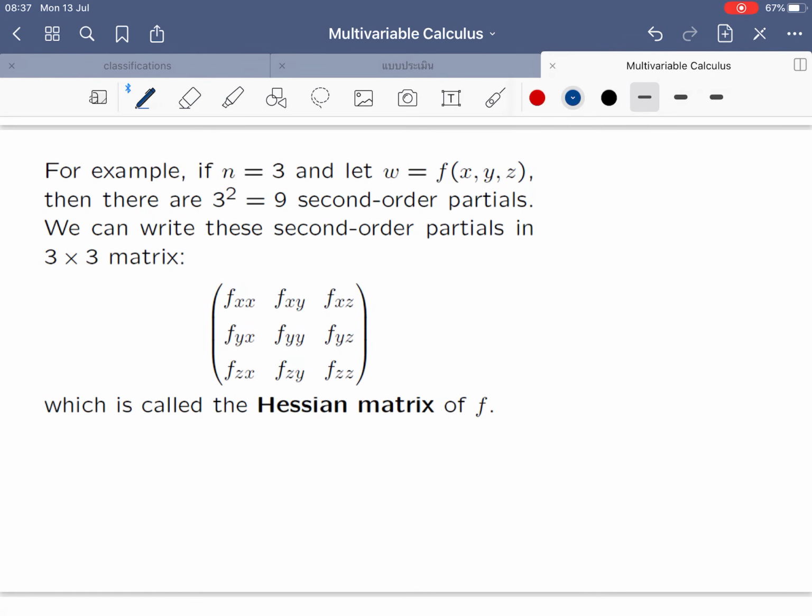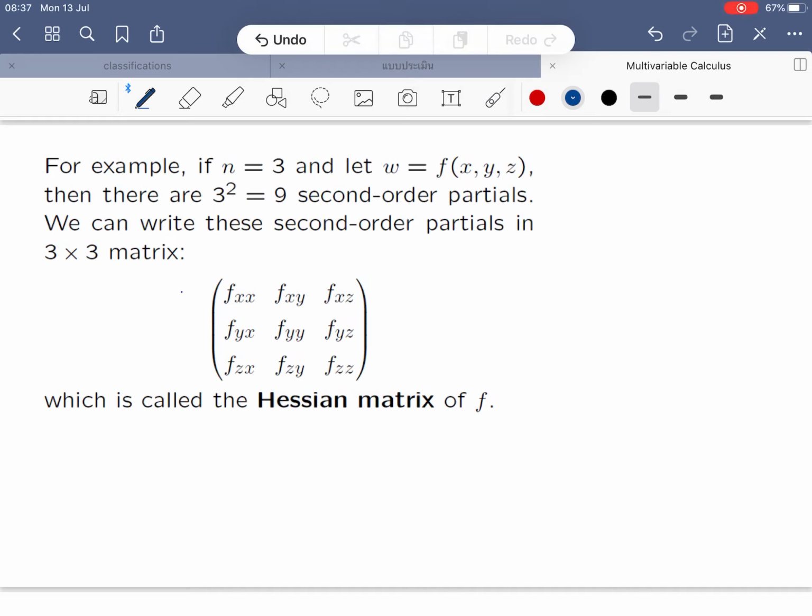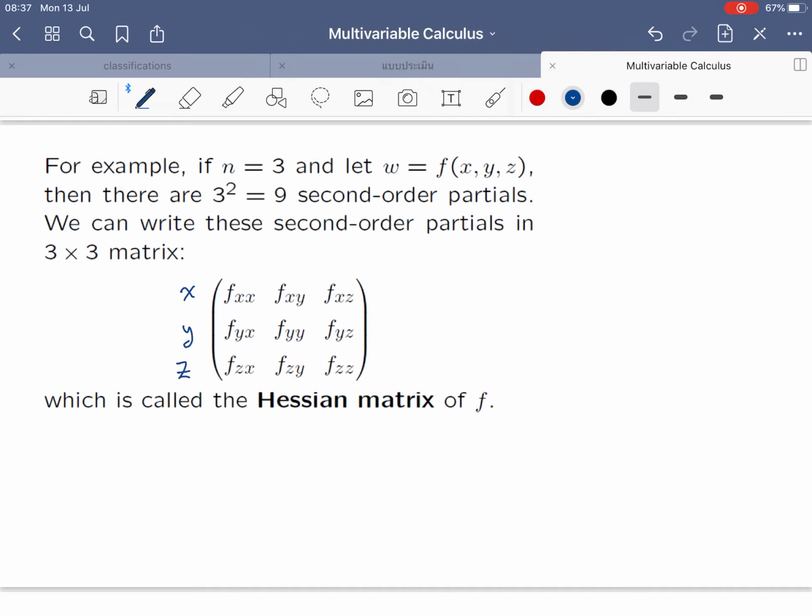By having that, you can arrange all the second partial derivatives in an array of rows and columns. You can represent each row by x, y, z, for example, since this is a function of 3 variables, and each column also by x, y, z. I'm not sure whether you remember matrices or not.